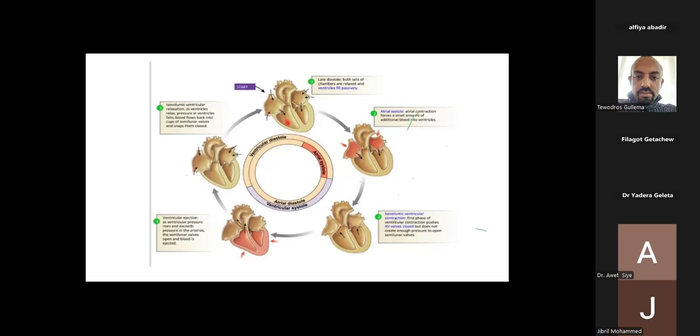S3 can be heard, but mostly it is not heard. The condition is, first, rapid filling. If the volume of blood flow to the ventricle is increased, like in a patient with anemia, thyrotoxicosis, mitral regurgitation or tricuspid regurgitation, the amount of blood accumulated in the atrium will be more than that of a normal individual.